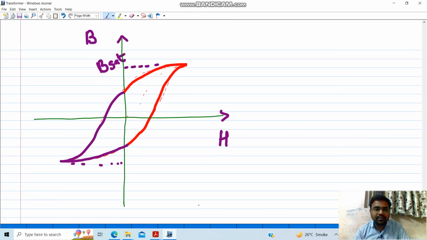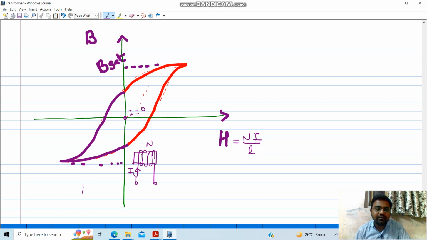Now this is the BH characteristic of any magnetic material, in the normal mode. Say for example we have one magnetic material with some turns on it, and you start applying current in the forward direction. Here the current is 0. As we discussed, H is the ratio of Ni upon L, so here we have 0 ampere.